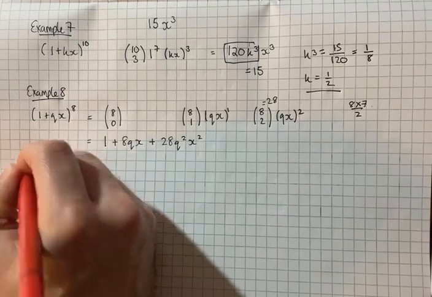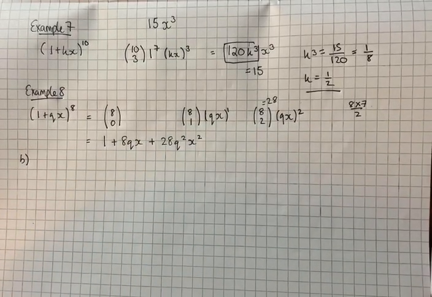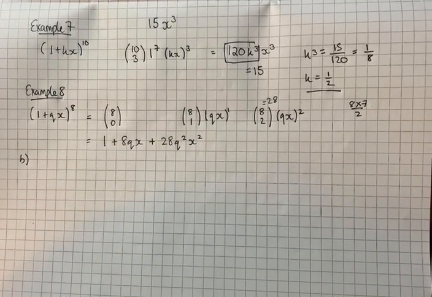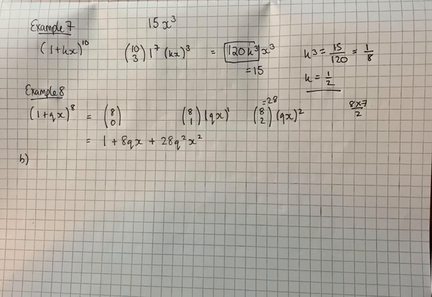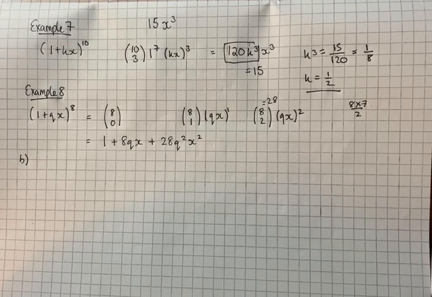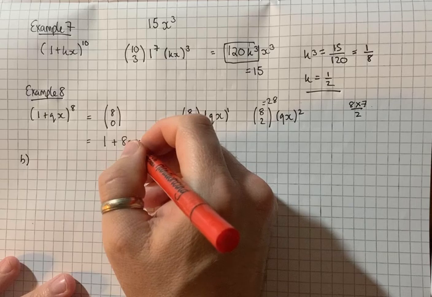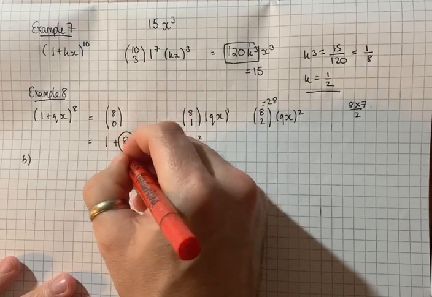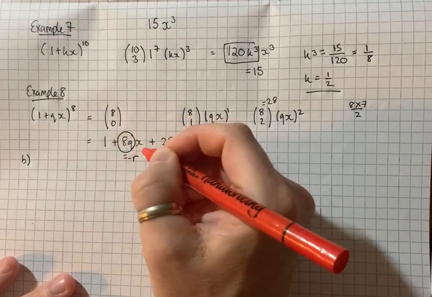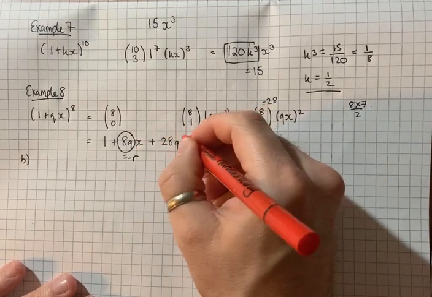Part B. It's given that in the expansion of 1 plus qx to the power 8, which is what you've just done, the coefficient of x is minus r, and the coefficient of x squared is 7r.